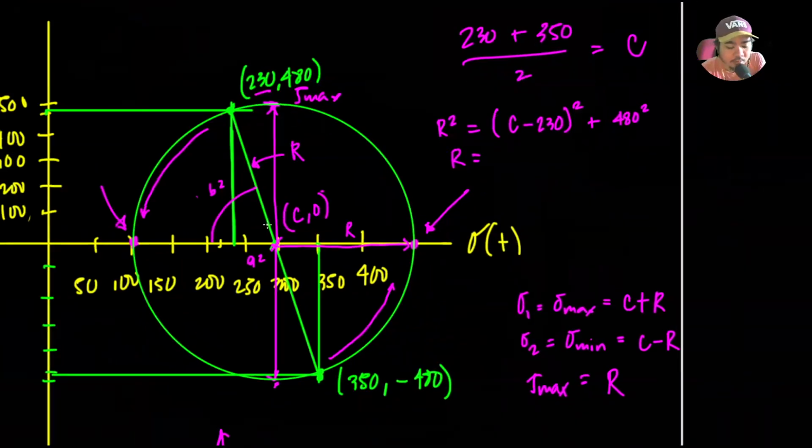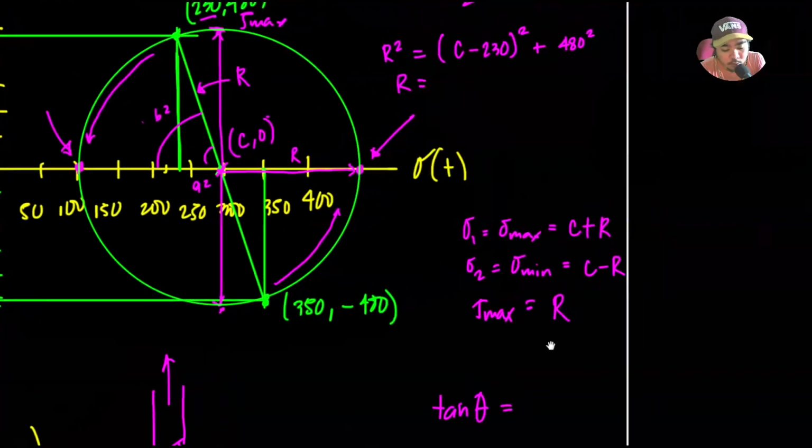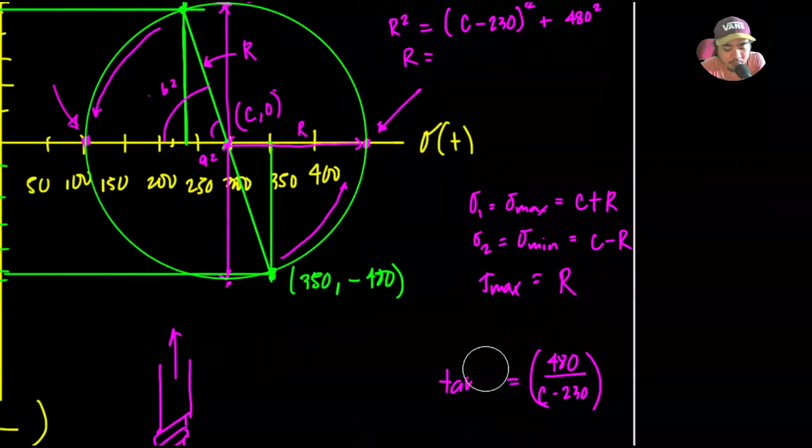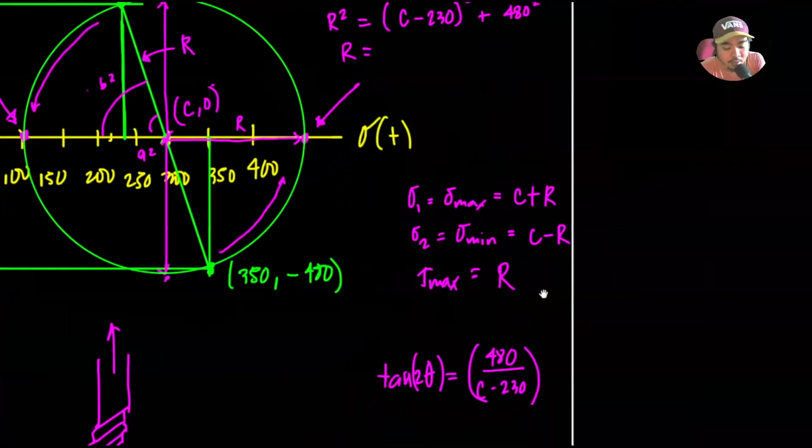Yes. So tan theta is equal to 480, since tan is y over x, over C minus 230. Let's say tan 2 theta, so that we can compute the actual theta in the stress element. That is how we compute it.